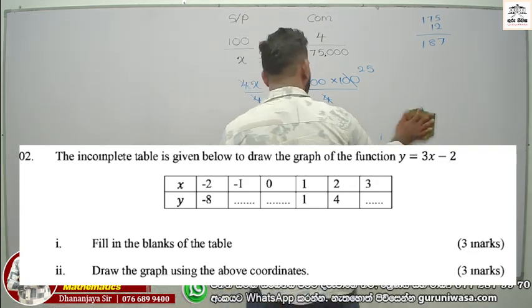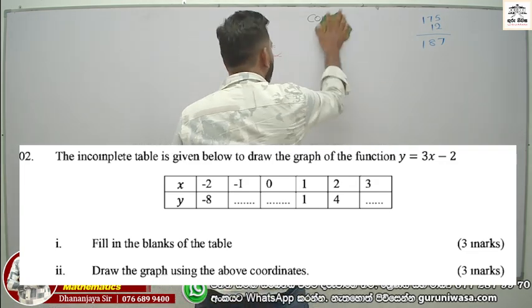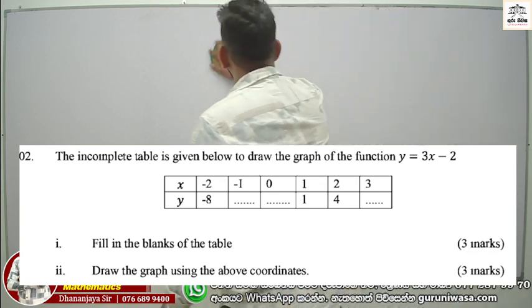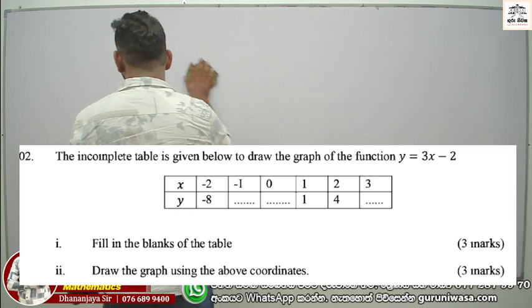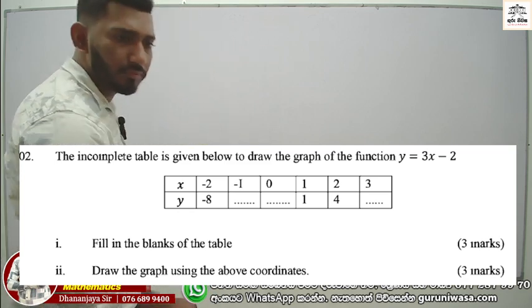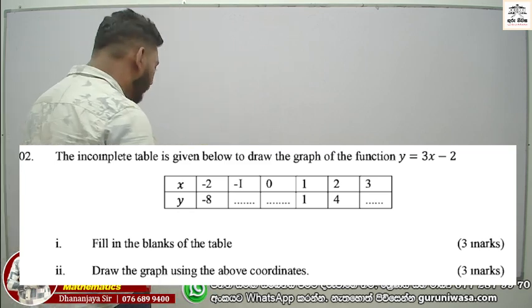Find the answers, suitable answers for the table, and draw the graph. Let's do it quickly. Draw quickly. And y equals 3x minus 2.